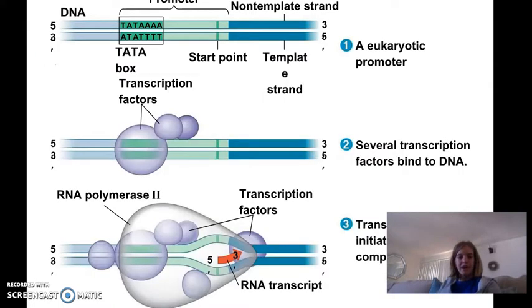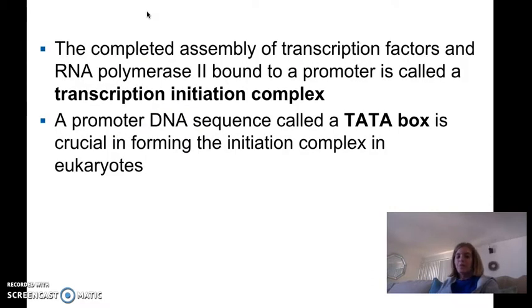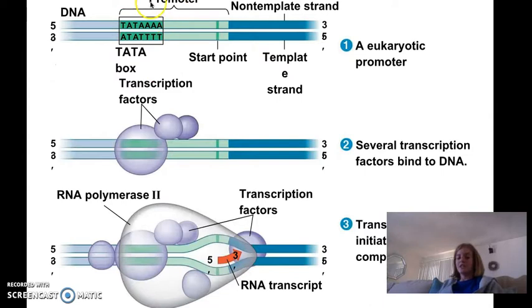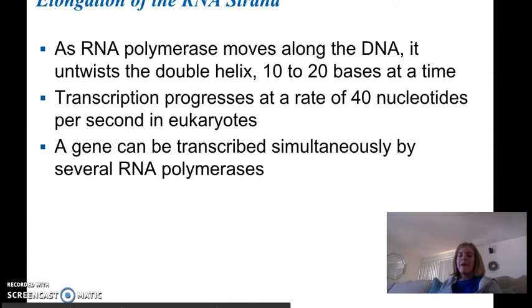Also, there are a lot of different promoters that exist, but one of the most crucial ones is known as the TATA box. That's not super important, but you might see that a lot, and it's adenine, thymine, adenine, thymine. These transcription factors will bind to the DNA, and then this transcription initiation complex forms with our RNA polymerase, and that allows the RNA transcript to begin forming.